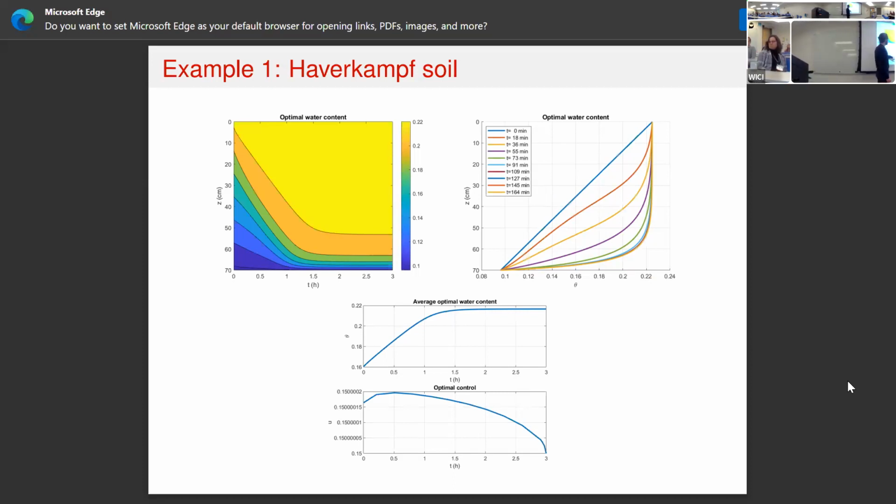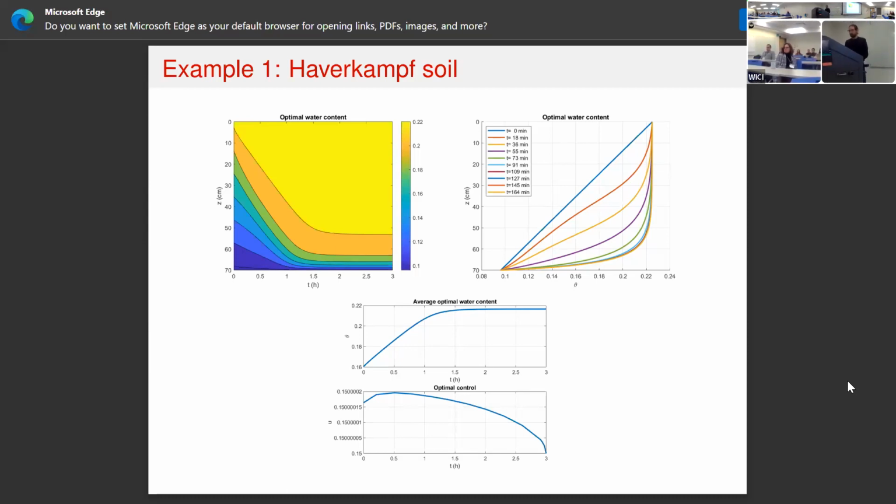As you can see, we are assuming here that the bottom condition does not reveal the action of the irrigation, so it's always the same. And then we can see the profile of the optimal water content reaches a certain state, which is where the root water uptake is maximized.